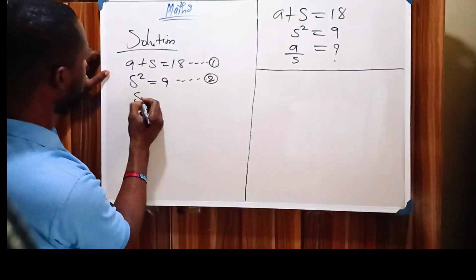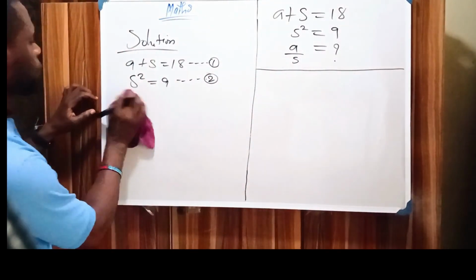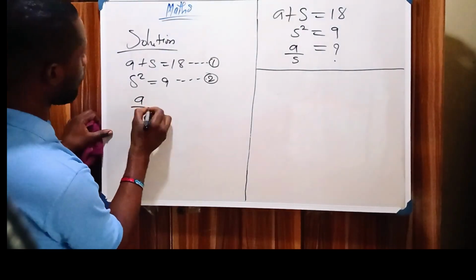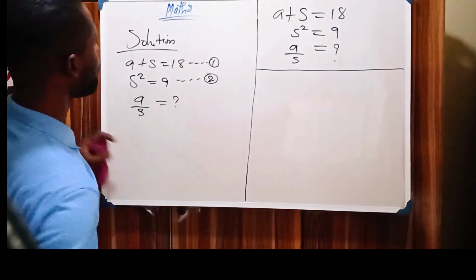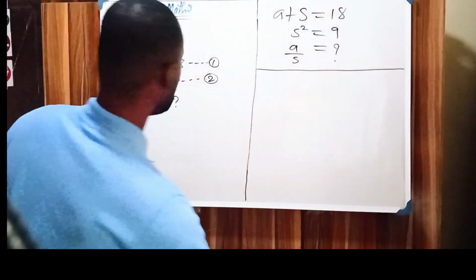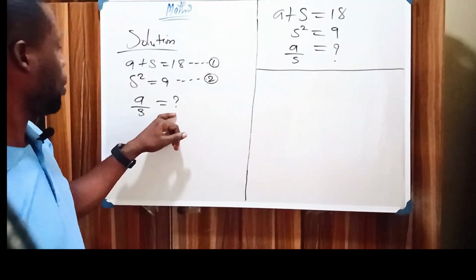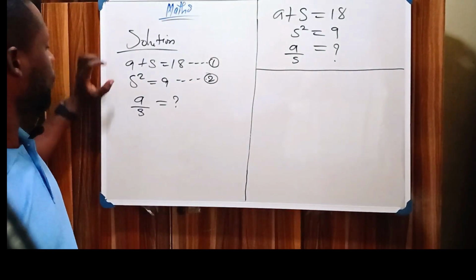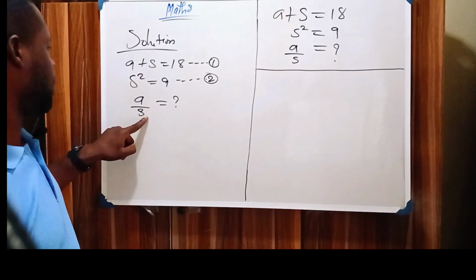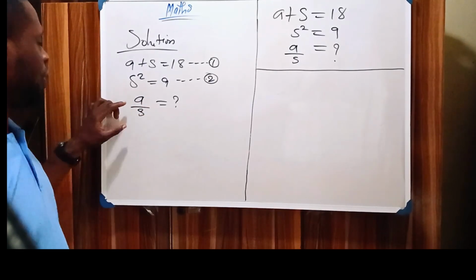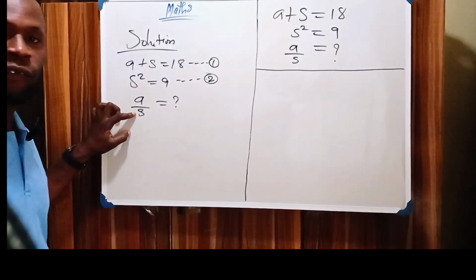So a divided by s equals to what? This is what we are going to be looking at. But before we get the value of a divided by s, we need to know the value of a and also the value of s.